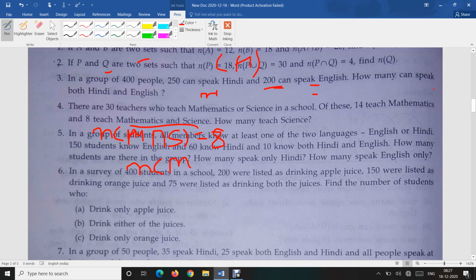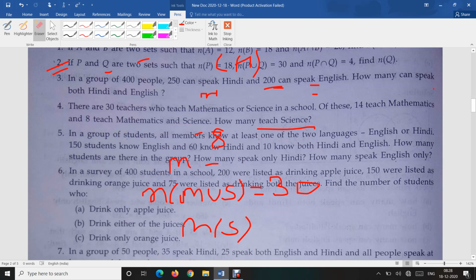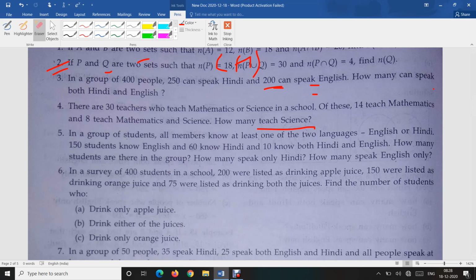N of M is 14, and n of M union S is 30. So you can find out the value of n of S. This question is similar to question number 2. You have to do this question by yourself. I told you the formula. You just have to apply the formula and put the values, and you will get the answer.